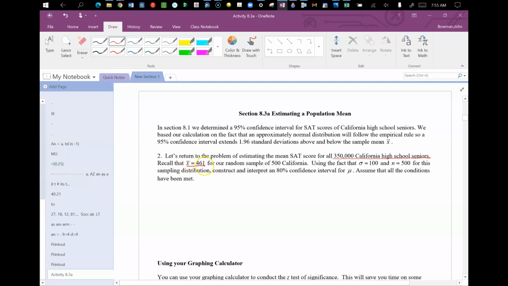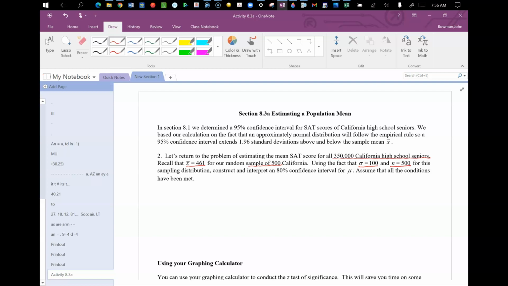Remember our sample mean, 461. We had a random sample of size 500. Using the assumption that the population standard deviation is 100 and our sample size is 500, for this sampling distribution, we're going to construct and interpret the confidence interval. Assume that all of the conditions have been met.